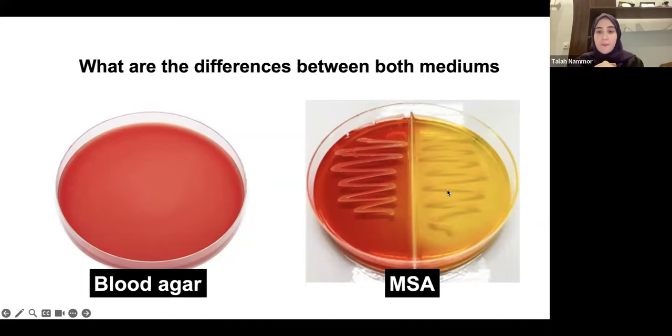The red side, basically bacteria that cannot ferment mannitol are going to grow there. But if they do ferment mannitol, the red is going to change into yellow. And that's how we know it's differential. All right? And it's selective. It has both. Is that clear?